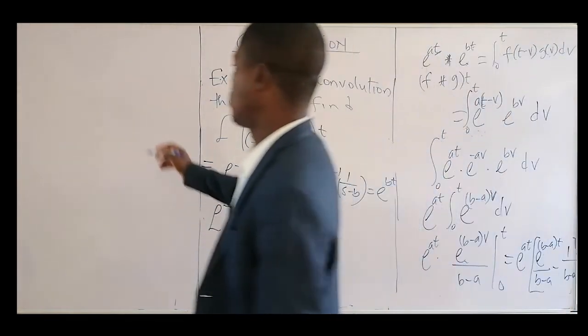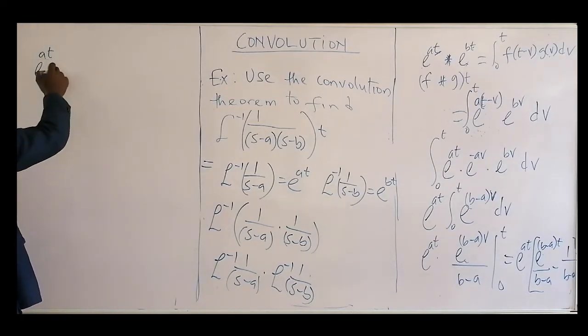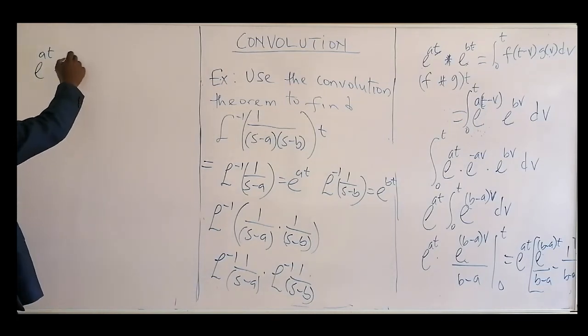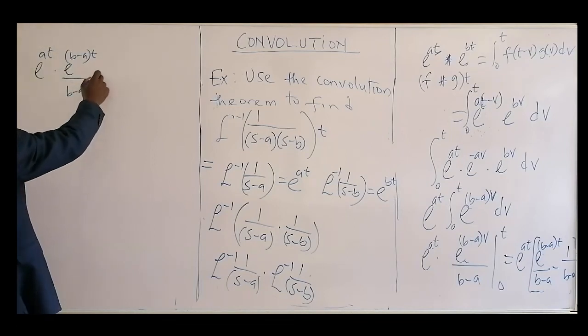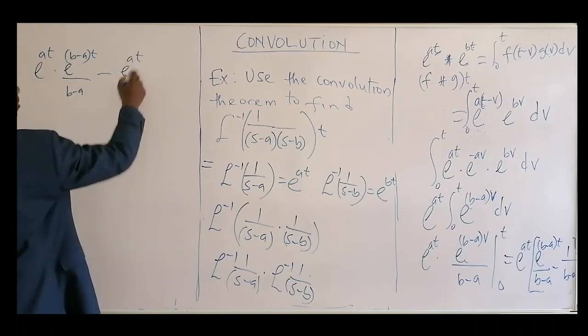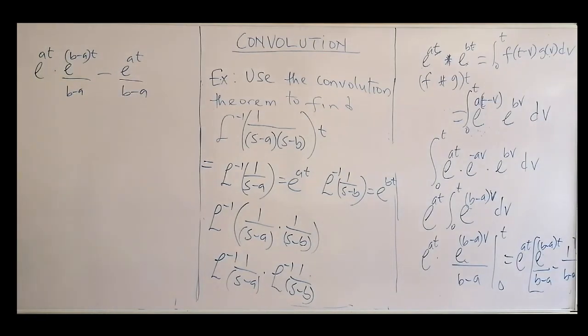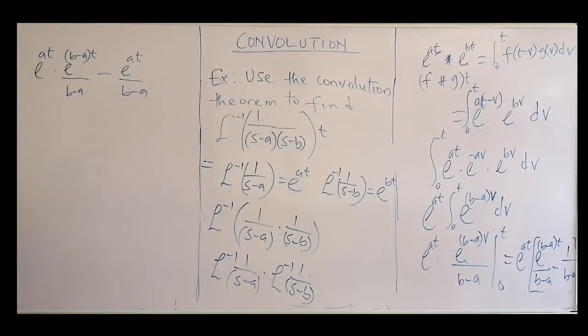So you now have e^(at) into the bracket, e^((b minus a)t) all over b minus a, minus, allowing this one to come in, e^(at) over b minus a. Allow this constant to enter that bracket.